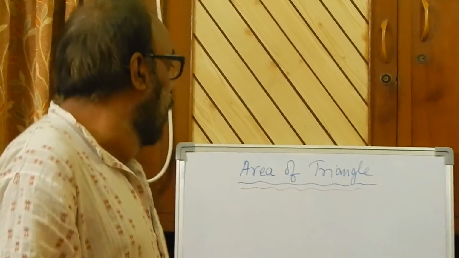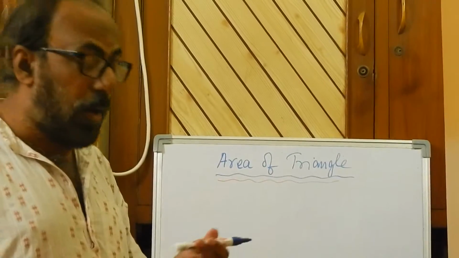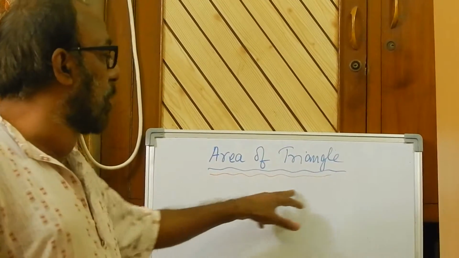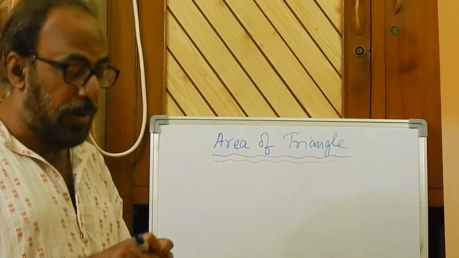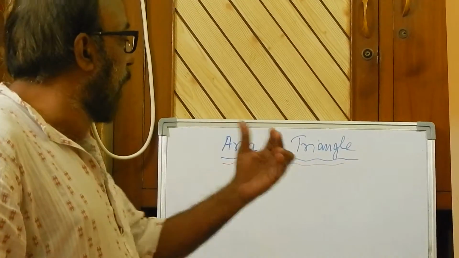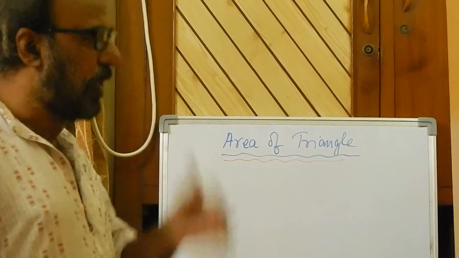We were on these topics, area of triangle, for a few days, and now we have come almost to the end of these topics. Today I will give you some idea about 2 or 3 sums, some tricky sums.